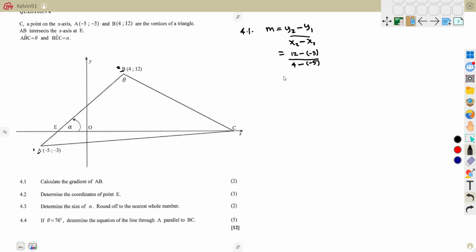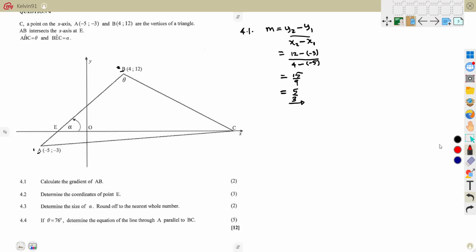So we realize that this is giving 15 divided by 9, which is equal to 5 over 3 as the gradient.